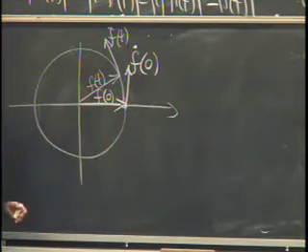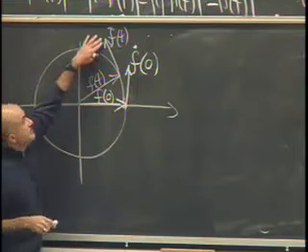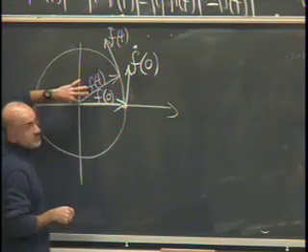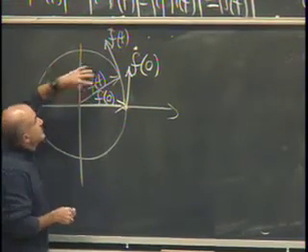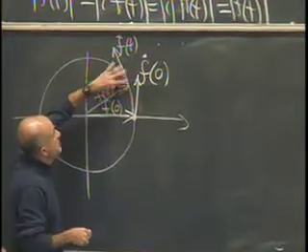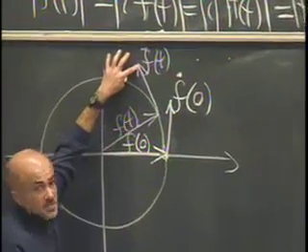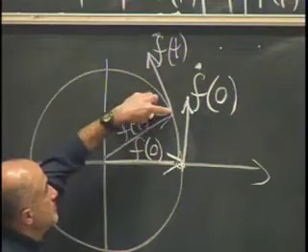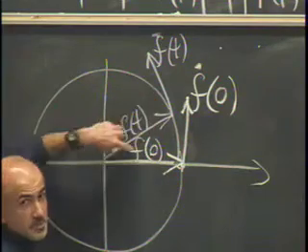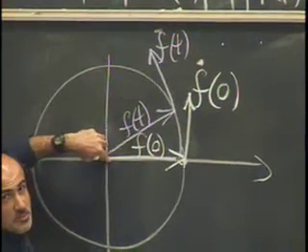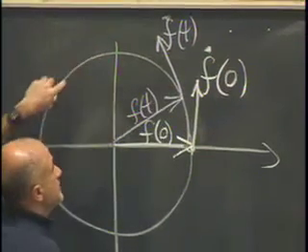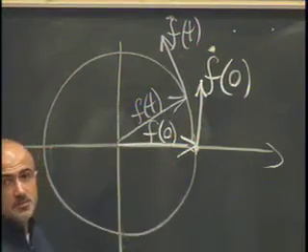The fact that this is equal to this vector is not the main point. The main point is that the velocity, which is the tangent to the trajectory, must be orthogonal to, perpendicular to, the displacement throughout time. And the only trajectory that has that property is the circle.